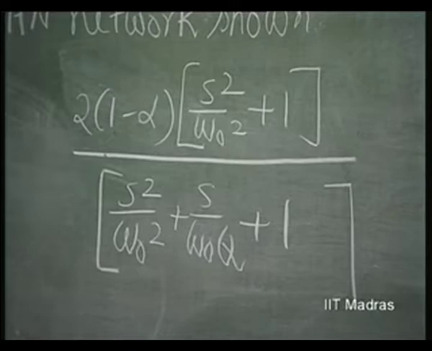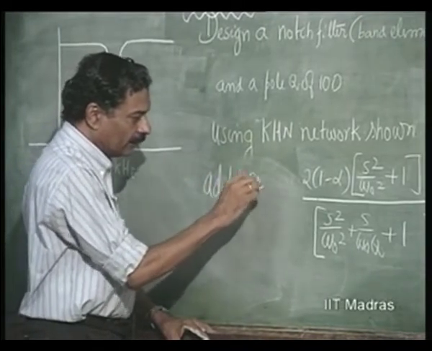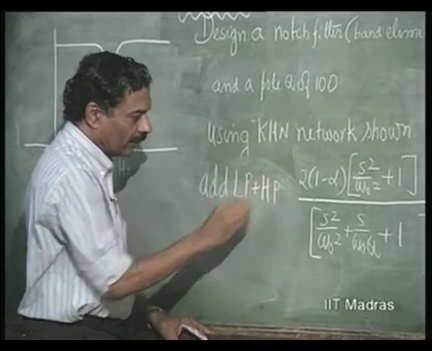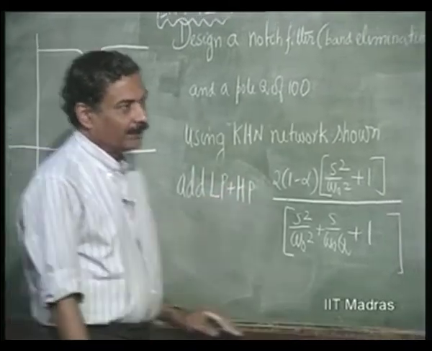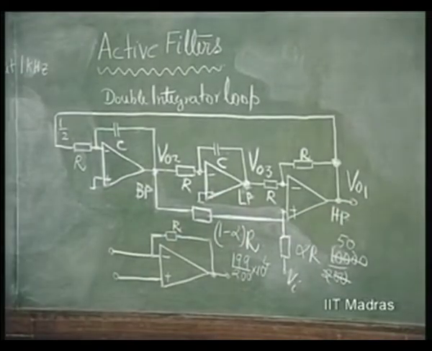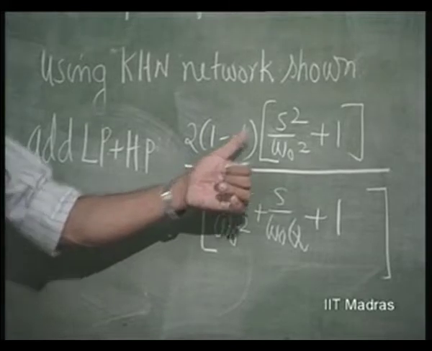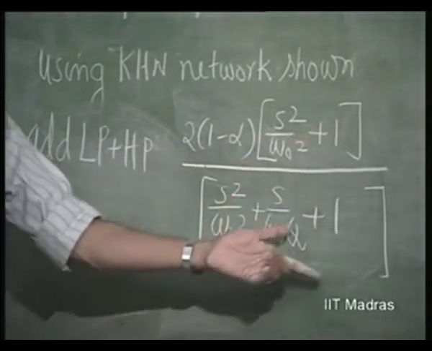So, one way is add low pass to high pass output. Low pass is available here, high pass is available here. Add this, then you will get 2 into 1 minus alpha, okay, that is the low pass divided by the same denominator.